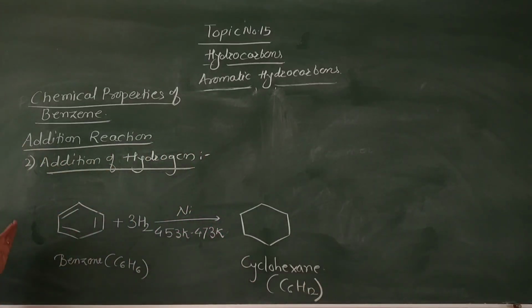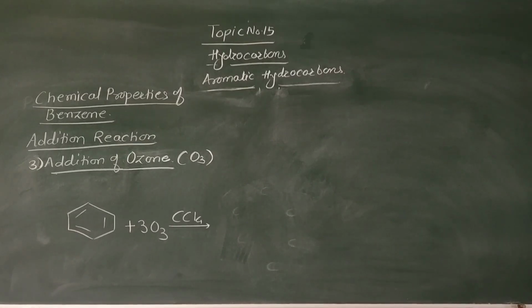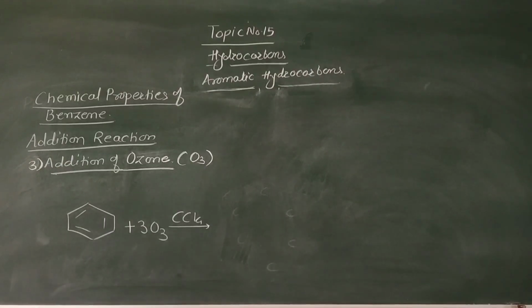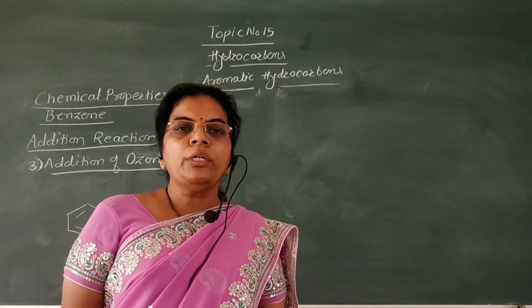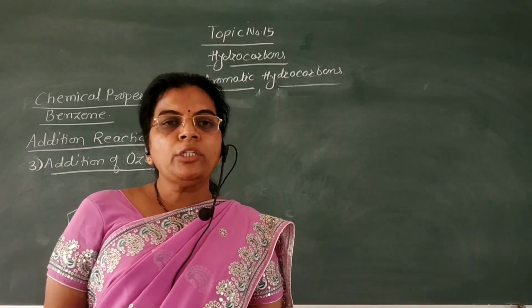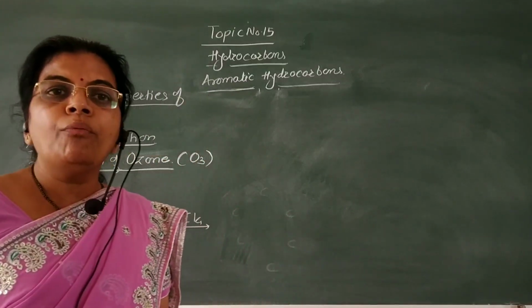In this way, when benzene undergoes hydrogenation in presence of nickel catalyst at higher temperature, that is 453 Kelvin to 473 Kelvin, it gives cyclohexane. Now the third reaction we are going to see is ozonolysis of benzene, or reaction of ozone with benzene, or addition of ozone.